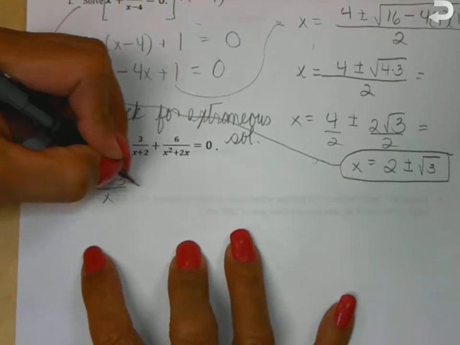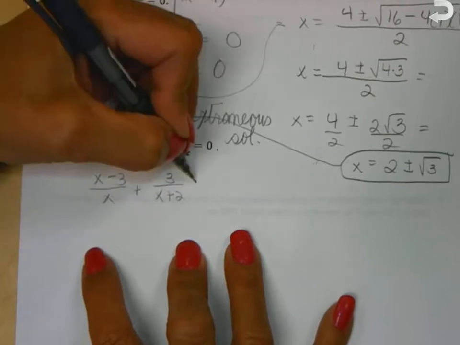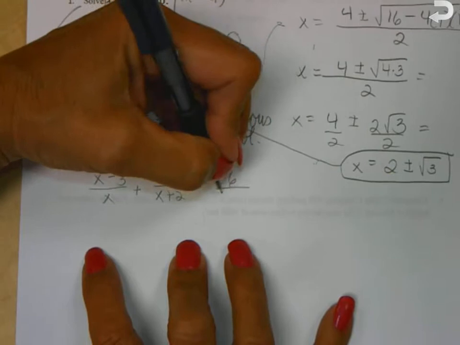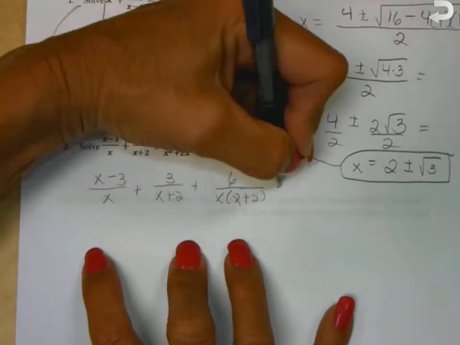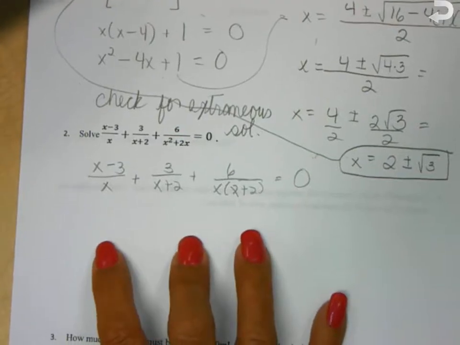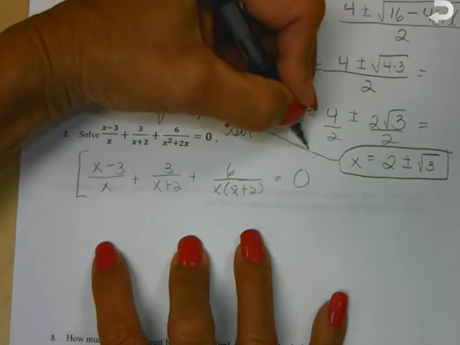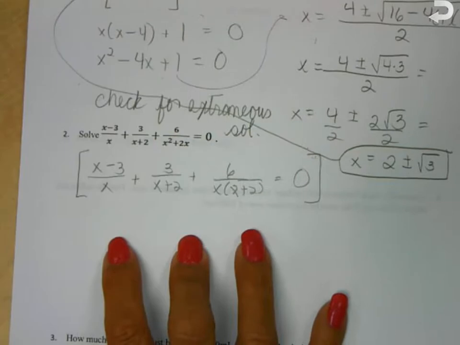That will help you get the least common denominator when you look for a multiplier to get rid of your denominators. So I'm going to factor out that common factor of x on that third fraction. And now I can more easily see what I need to multiply by in order to clear out my denominator.